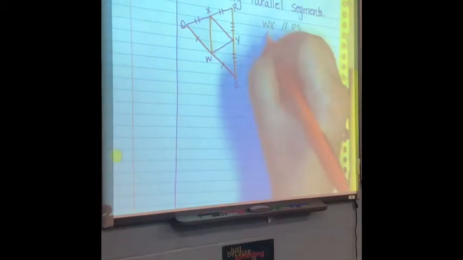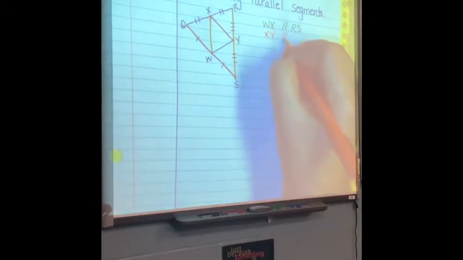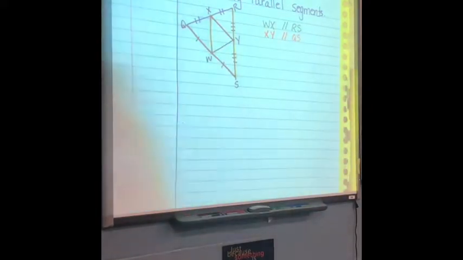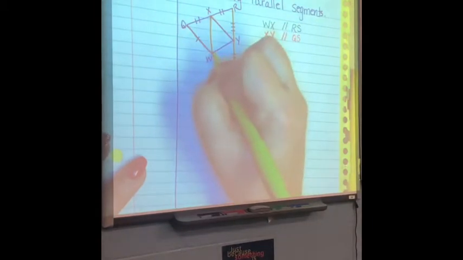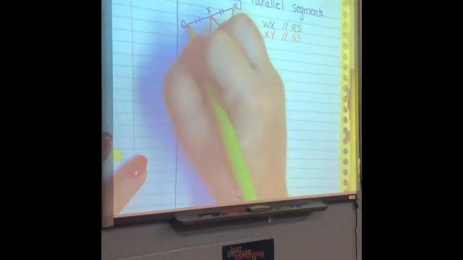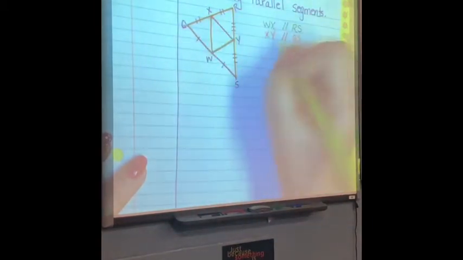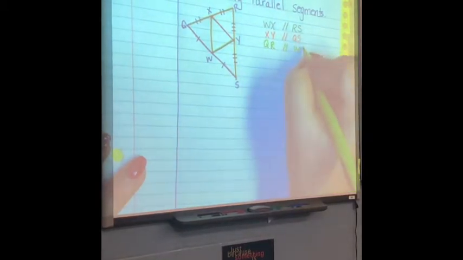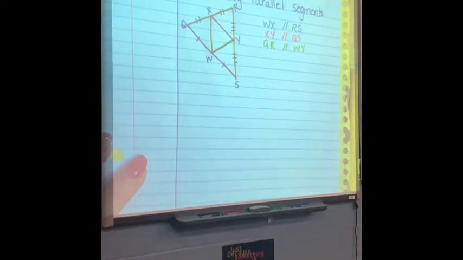Somebody different want to give me one? QR and WY. Everybody good? So just identifying those midsegments as parallel. Okay? Let's look at another example then.